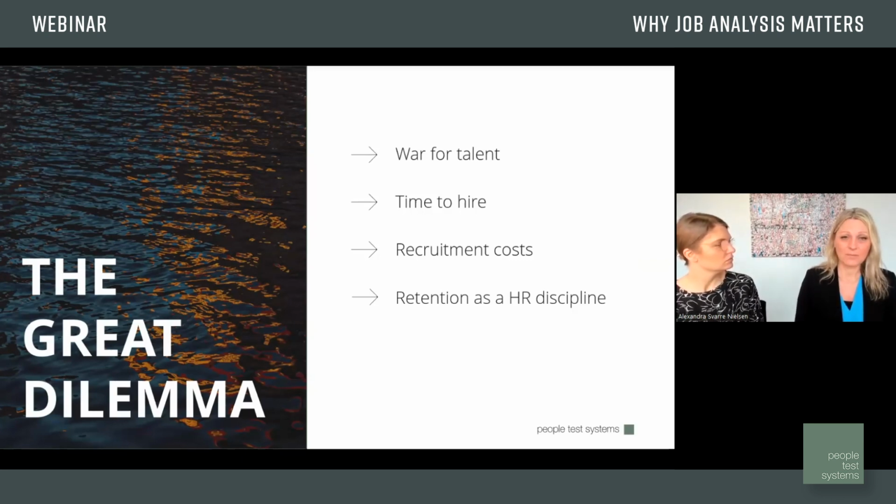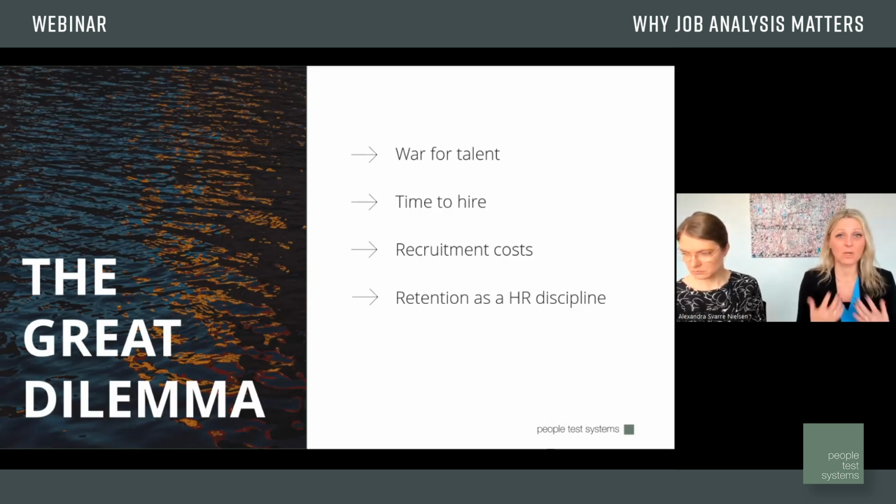At the same time, there's a lot of focus on time, because we need to rush. We have a hiring manager waiting for us to present candidates, and we have candidates dropping out of the process in the middle of everything. So it takes a lot of time, and we need to rush. Time is money, and the recruitment cost needs to be reduced.